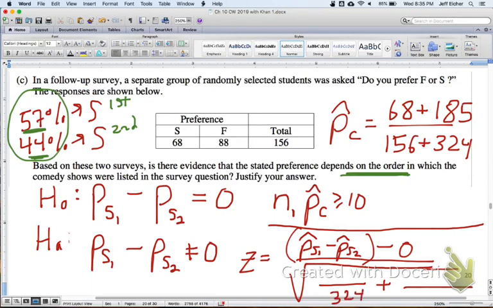You have your second sample size, which was 156. And the p hat c value you would get is 68 plus 185 divided by 156 plus 324, which looks like 53%. So this equals 0.53. So you're going to be using that value down here in the test statistic.